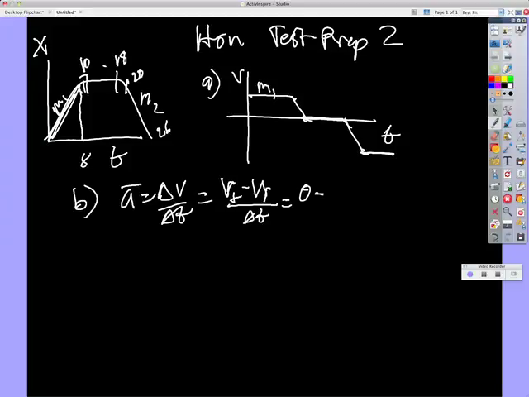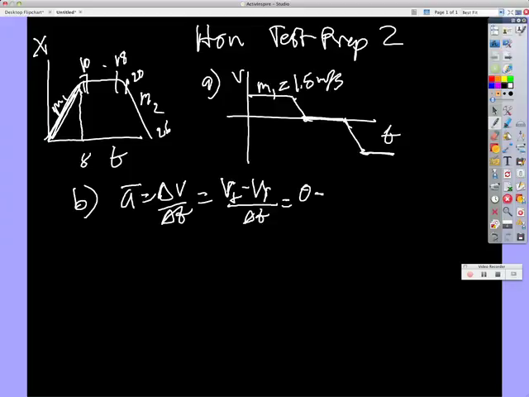I think it's 3. The first slope was 3. I see a rise of 6 over a run of 4. Oh, 4. I was just kidding. So I get 1.5.